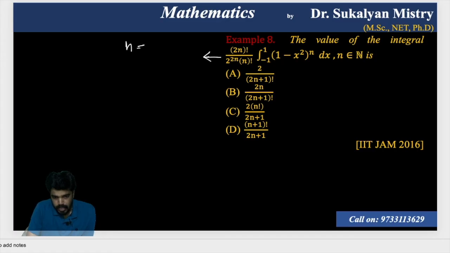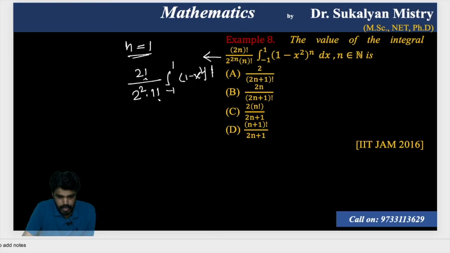First of all we put n is equal to 1. So, we get the value of this integral as factorial 2 divided by 2 to the power 2 into factorial 1, integration from minus 1 to 1 of 1 minus x square dx. So, factorial 2 is 2, 2 square is 4, 1 factorial is 1.